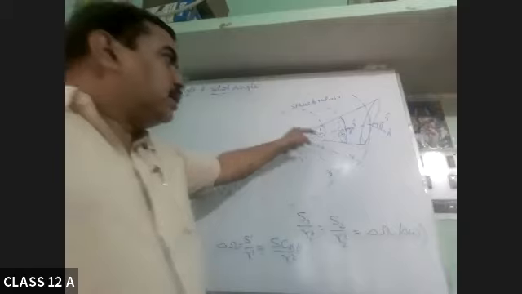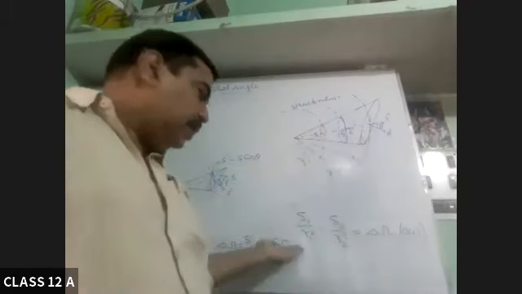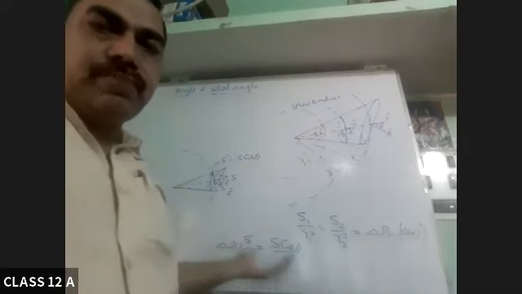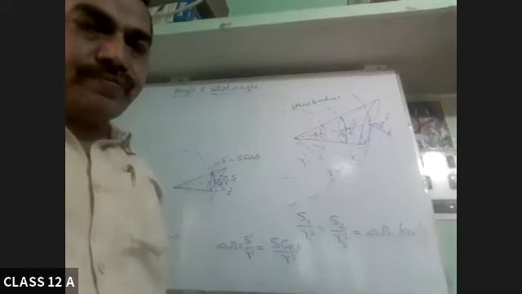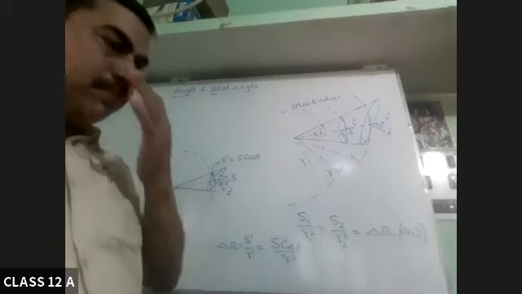In this case, radius vector and area vector are in the same direction, that is, angle theta is 0. So it will be simply S over R square. Got the point?